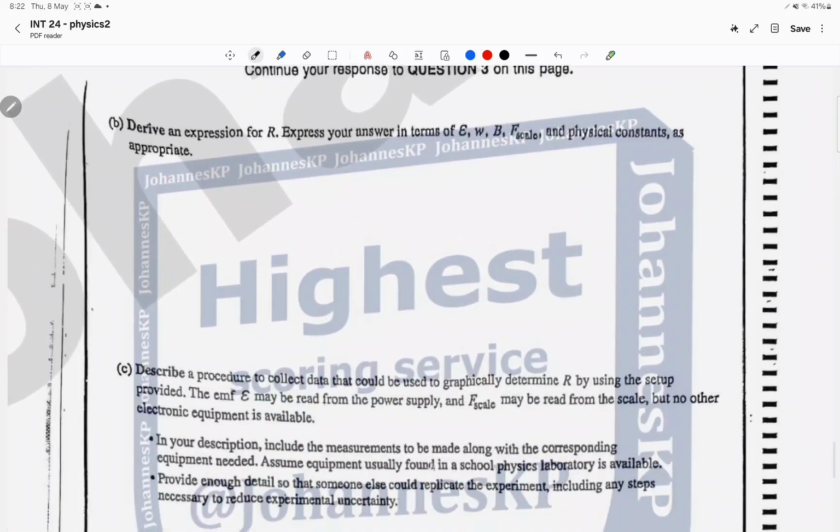Derive an expression for R. So F magnetic is equal to ILB.